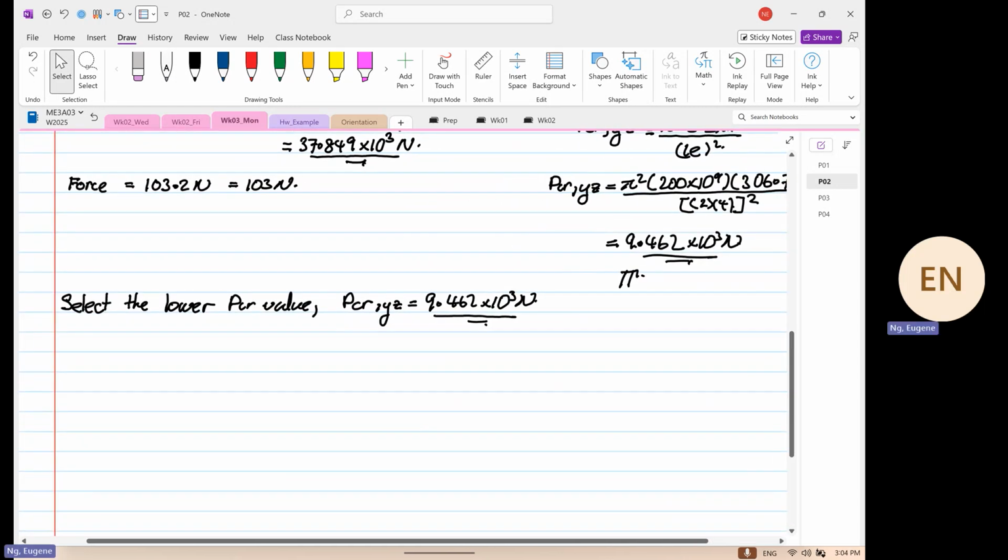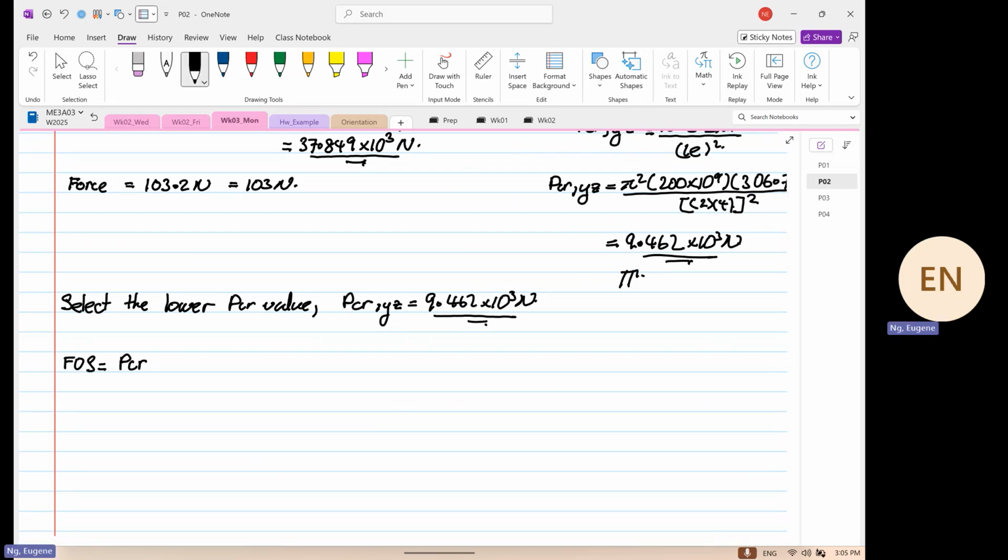Okay. So next, we are given that the factor of safety is equal to PCR over P. So from here, P is equal to PCR divided by the factor of safety. And we have selected PCR. I'll write this down. Okay, so this is in the YZ direction.